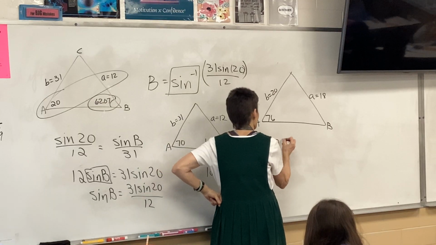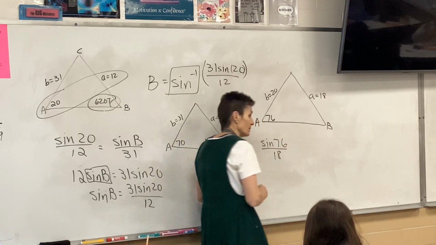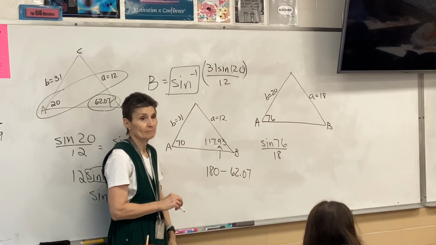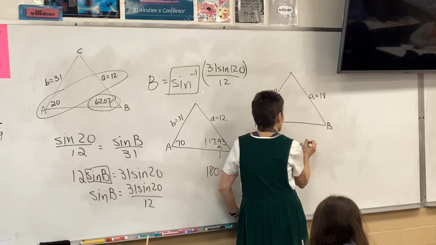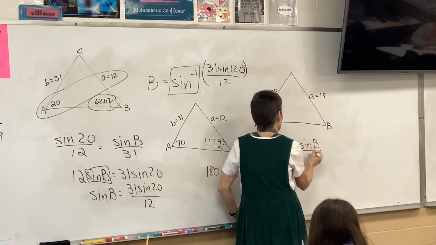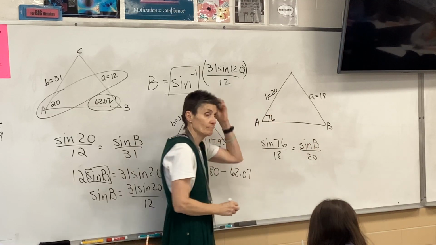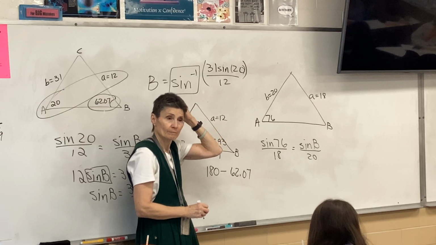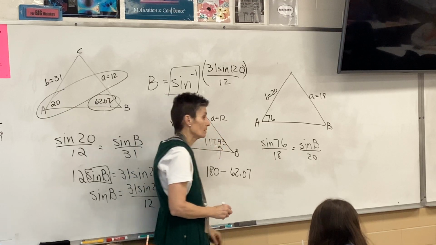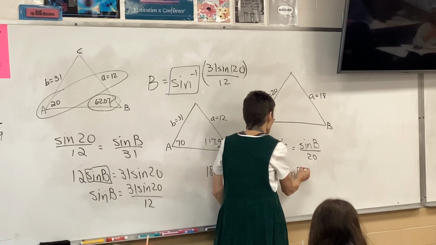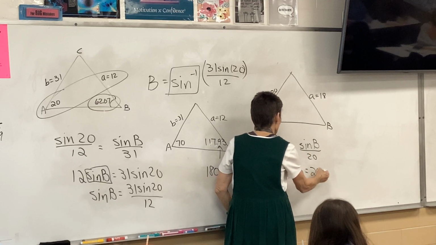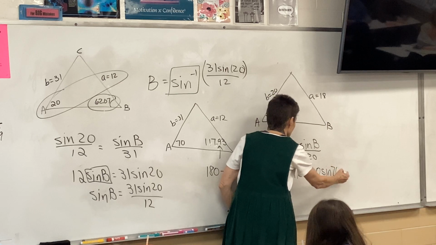Sine 76 over 18. Would everybody agree step 1? Equals what? Sine B over 20. Cross multiply: 18 sine B equals 20 sine 76.